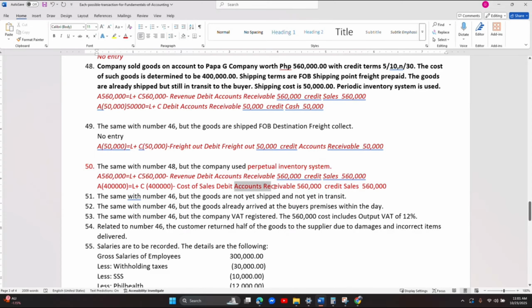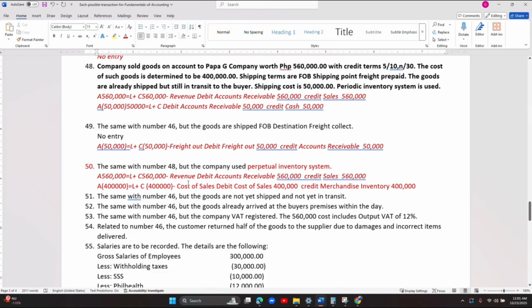So, what will be the secondary entry? The secondary entry will be cost of sales, 400,000. And then credit merchandise, 400,000. So that's it. That's the entry under perpetual inventory system.